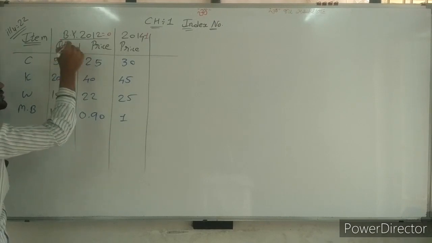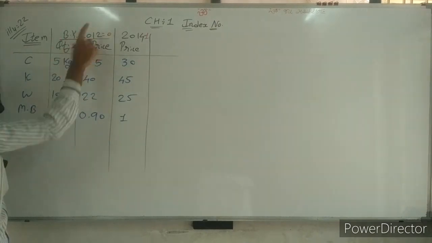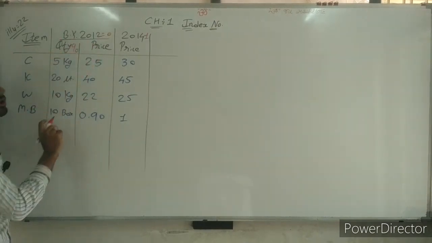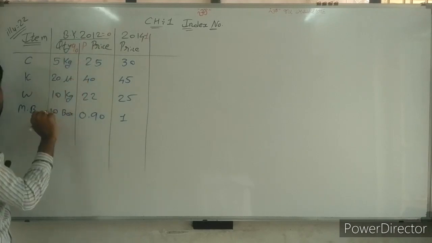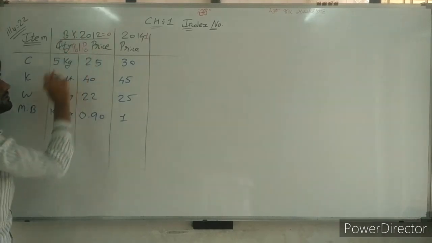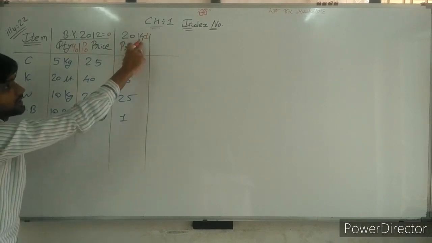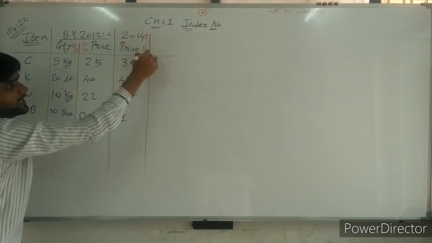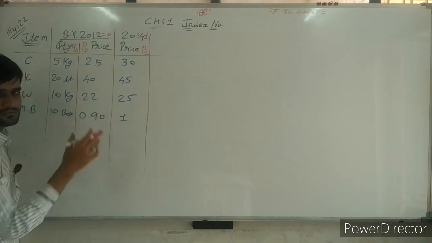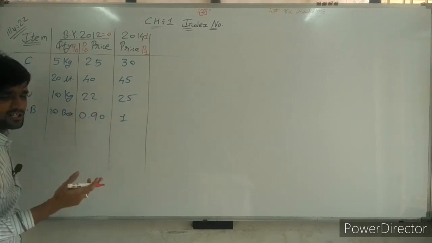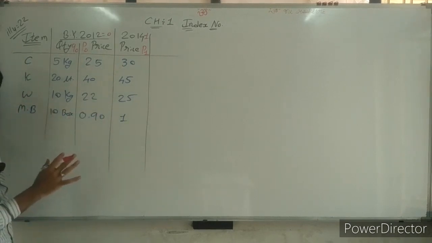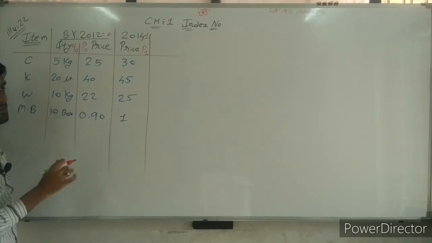Quantity means Q, and base year quantity, that's why Q0. Price means P. Base year price means P0. Current year price is P1. That's it. So this is the common thing, the first step.